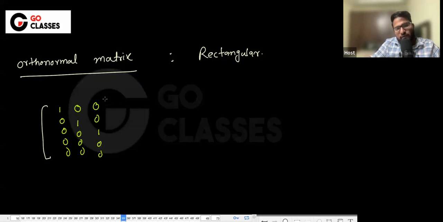These are three orthonormal vectors, right? Or you can say this is an orthonormal rectangular matrix. Let's suppose this is U.